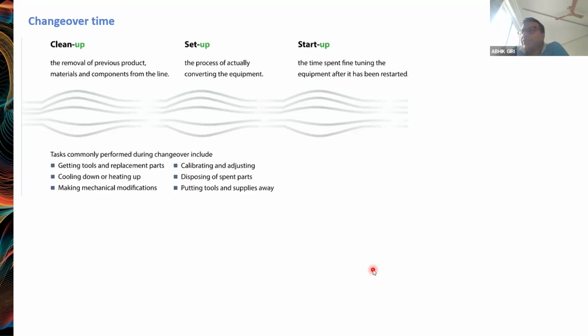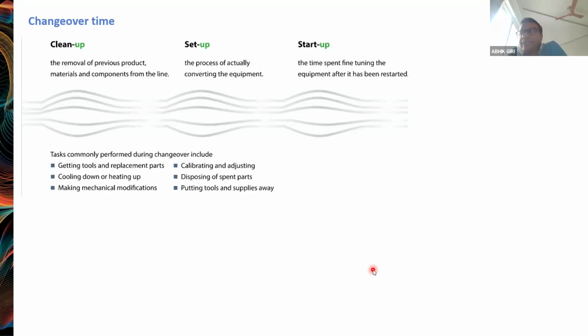So whenever you switch from one product to another on the same assembly line, you need to spend some time converting the line from the previous product to the next product, so that the line is ready for manufacturing the next product. This is what we call changeover. And sometimes certain products, when manufactured, make the line heat up, so you need to cool down the line before you go to the next product, and all those things.